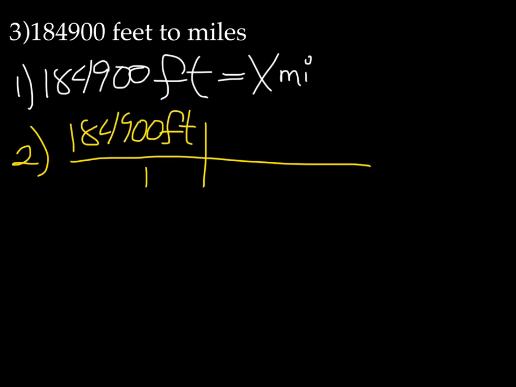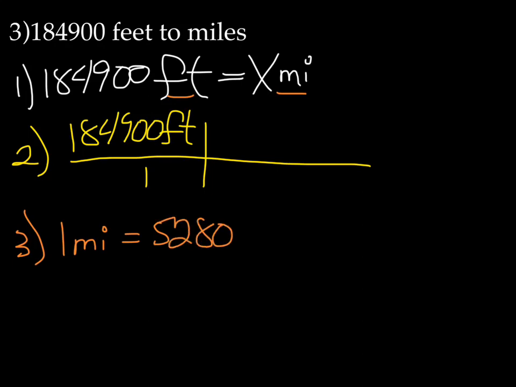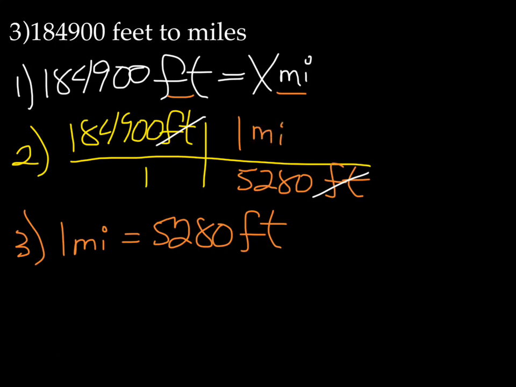Next, I look for an equality that has both feet and miles in it, and I found 1 mile equals 5280 feet. Okay, when I put these two numbers in the grid, I'm going to put the 5280 feet on the bottom because I need the feet to cancel out. And 1 mile goes on the top.